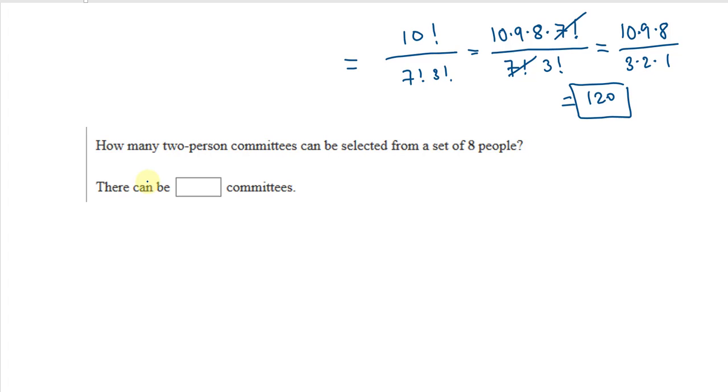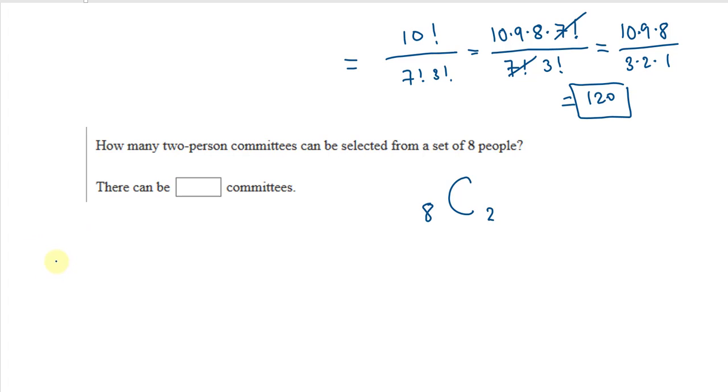The next question, how many 2-person committees can be selected from a set of 8 people? So we have 8 people, and you can choose any 2-person committee. In this committee, the order doesn't matter, so the 2 people could be anyone. Remember, we have 2 cases.